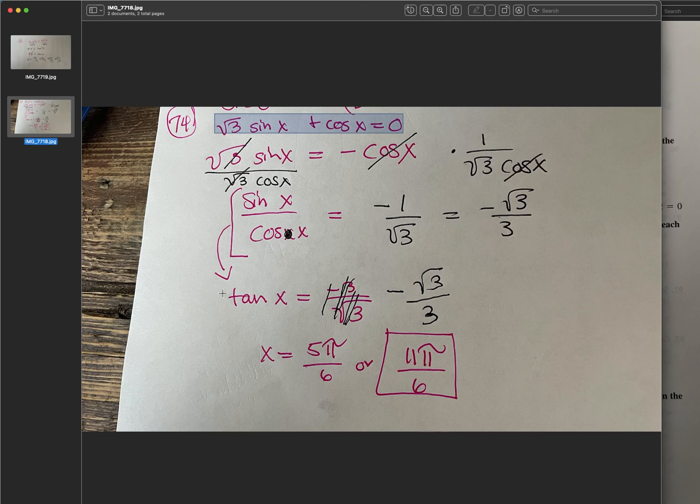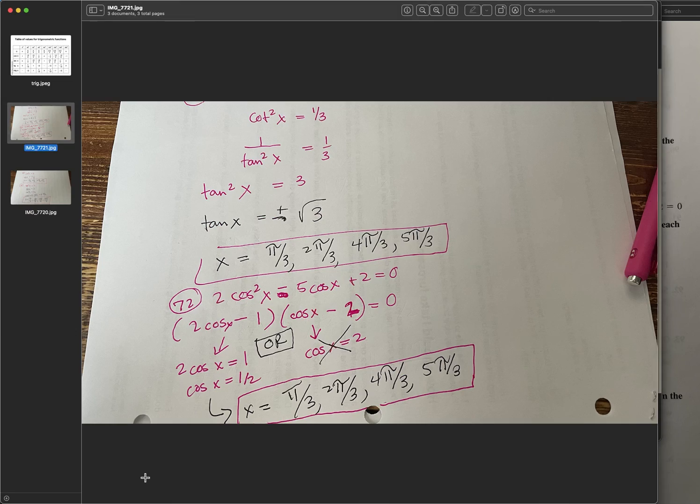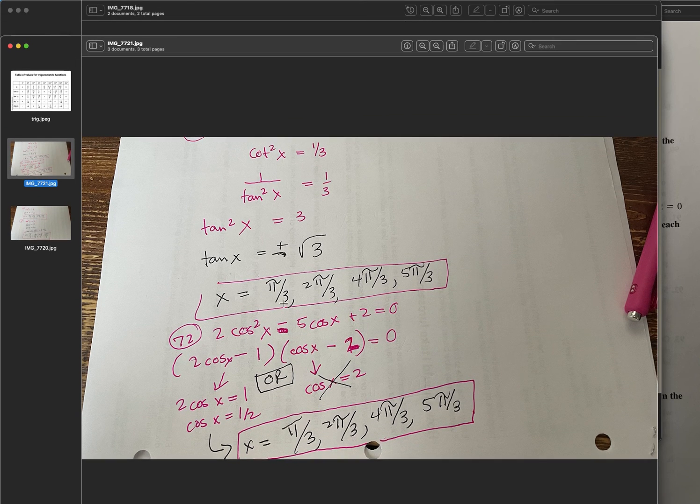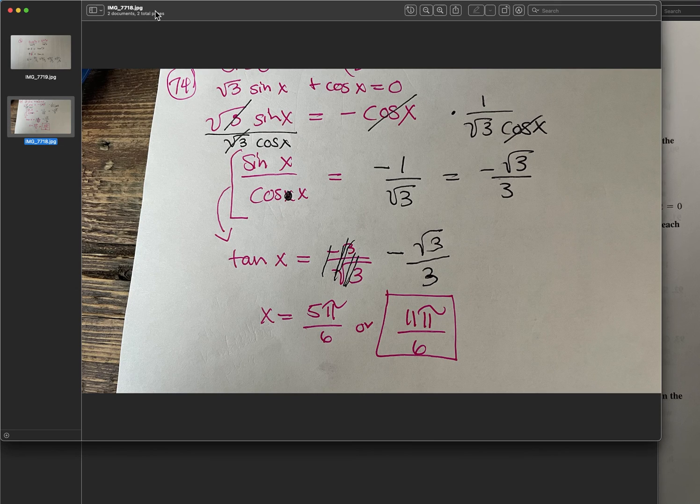So tangent of x, that's sine of x over cosine of x, is negative square root of 3 over 3. And when we go back and look at our table, it left it as 1 over square root of 3 and negative 1 over the square root of 3.